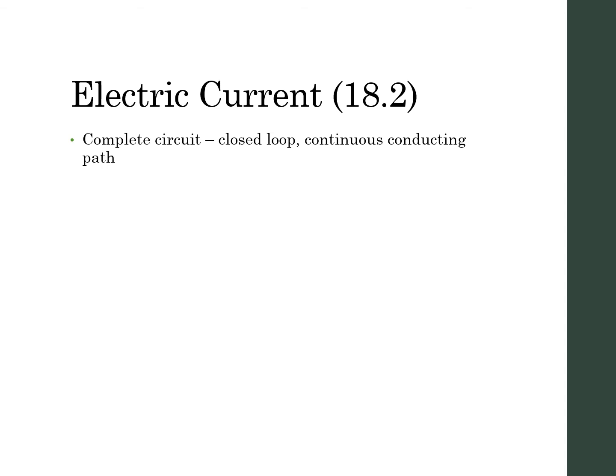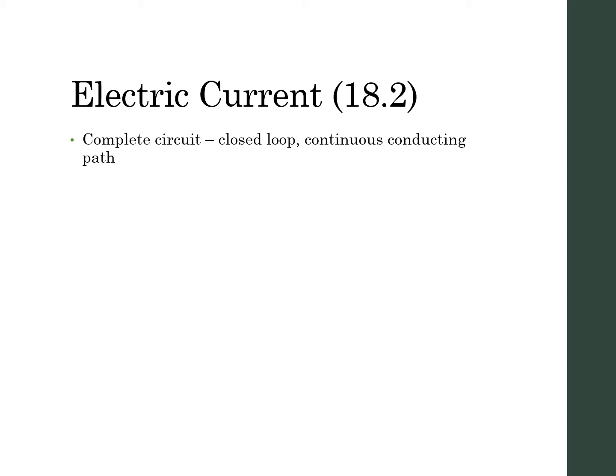So with electric current, a lot of the times we are going to be focusing on it in terms of circuits. And so in order to have a circuit, there's a couple of different types we have. We are going to be primarily focusing on something that is known as a complete circuit, which is a closed loop. So we have a continuous conducting path.